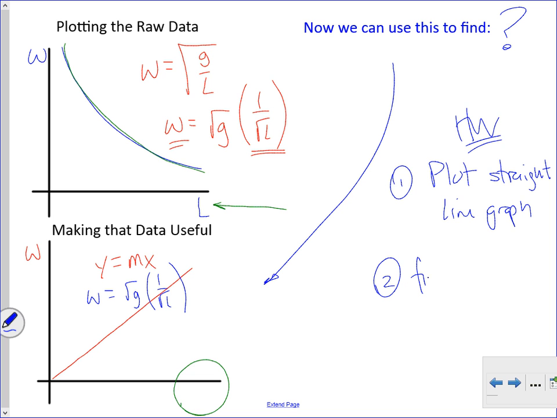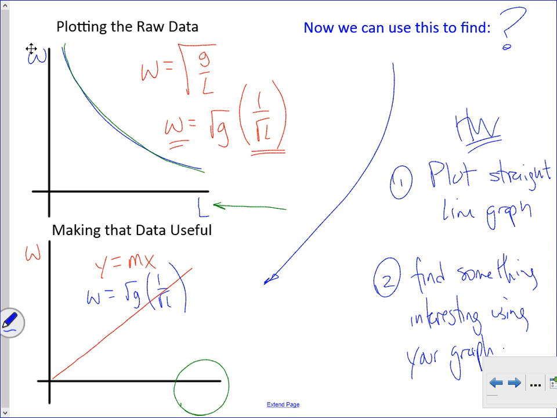Two, find something interesting. As we said, this is the graph you already have, based on plotting omega versus L, angular frequency versus L. Keep angular frequency here, but plot it versus something else to give you a straight line graph.